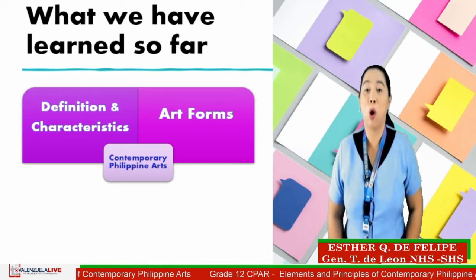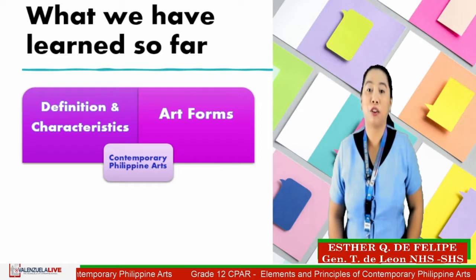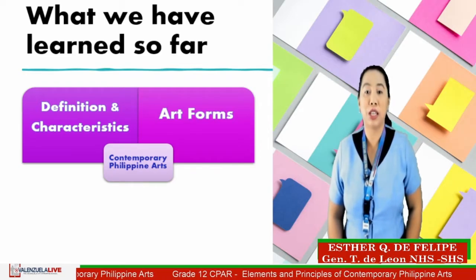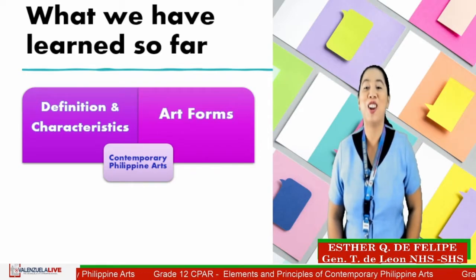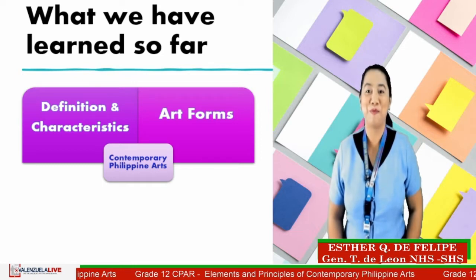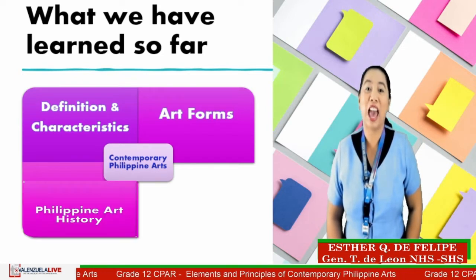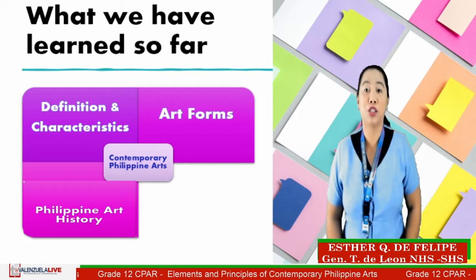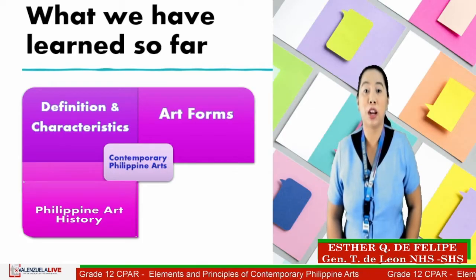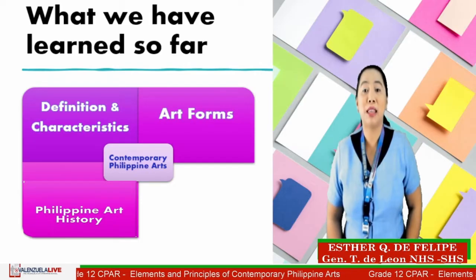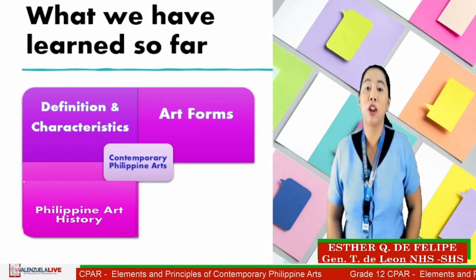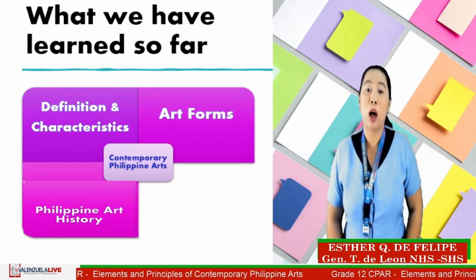Second, we have also identified the major art forms and surveyed our city to see how embedded they are in our everyday living. We investigated the evolution of contemporary arts through the lens of Philippine art history and have seen the many influences of foreign cultures integrated to ours.